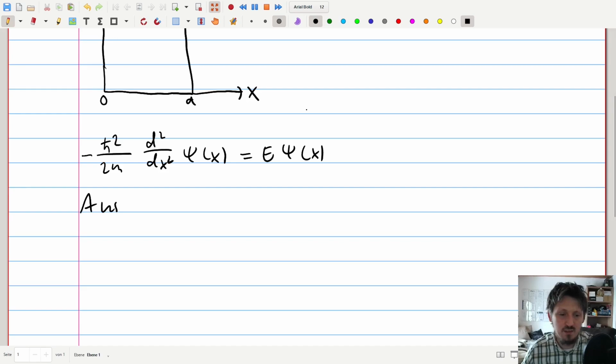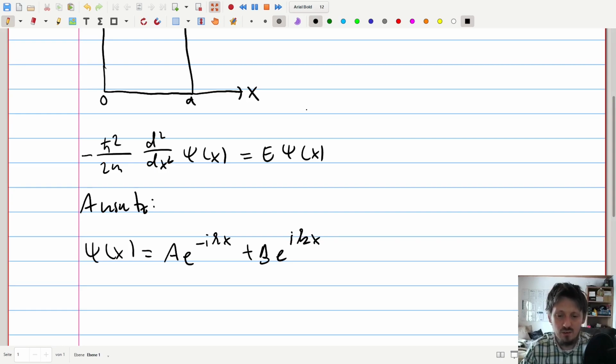So we write here ansatz, and then we can note down the function which could solve that, which is ψ(x) equals any arbitrary constant A times e to the power minus ikx plus B e to the power ikx.